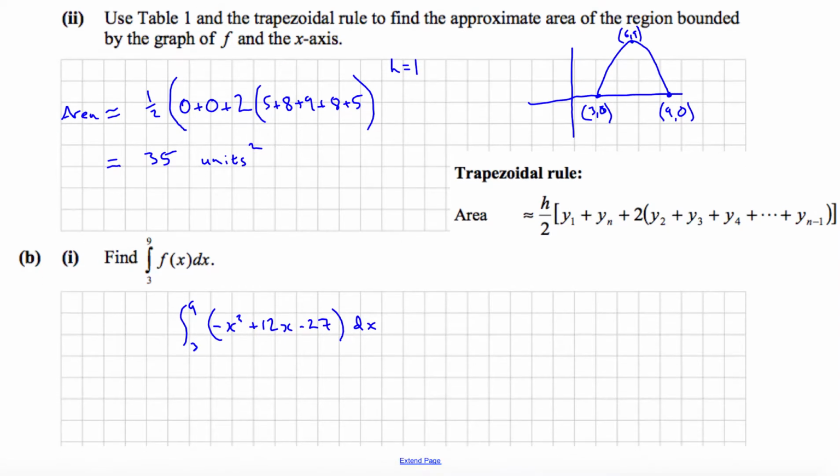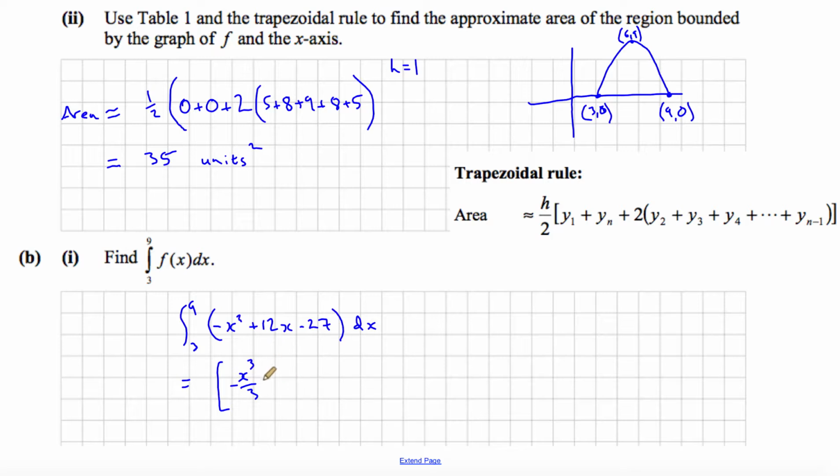So now I'm just going to integrate this polynomial. By integration, that's going to give me the integral of minus x squared is minus x cubed over 3.